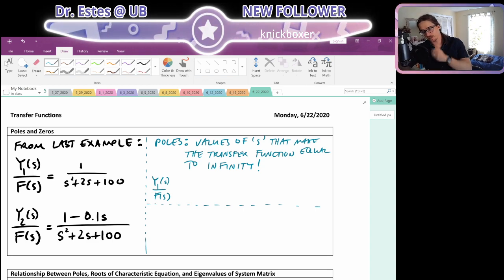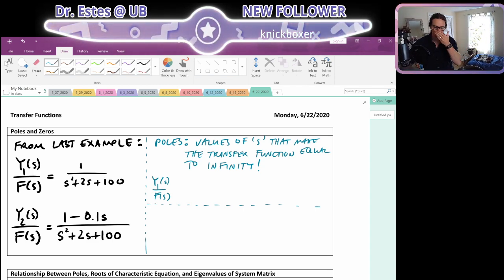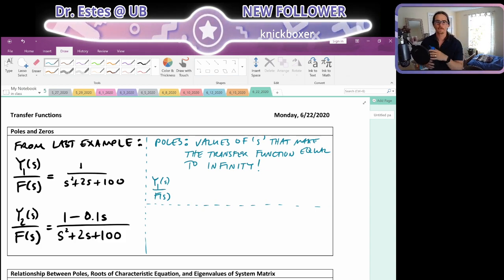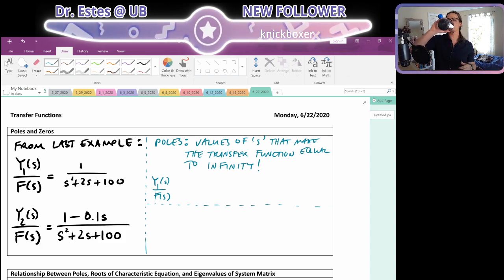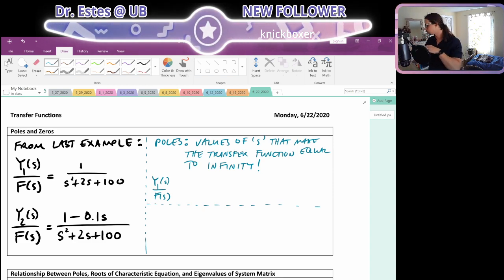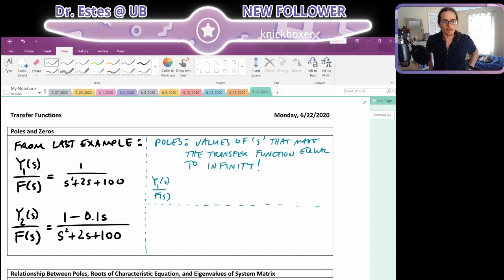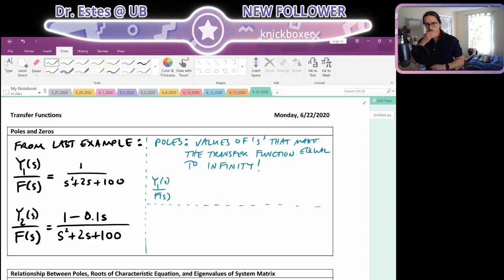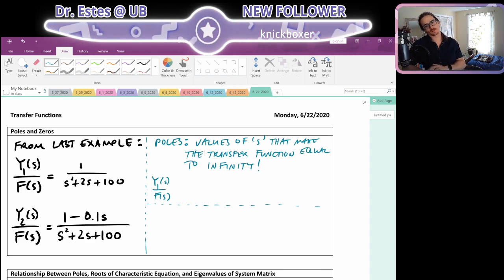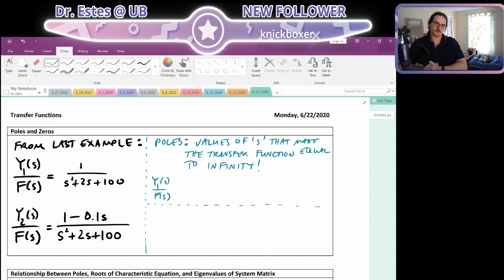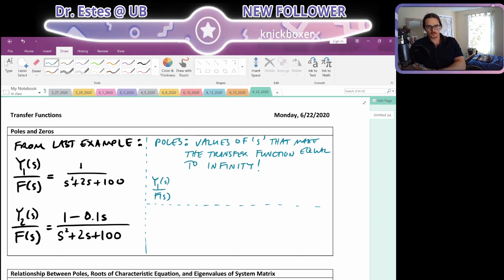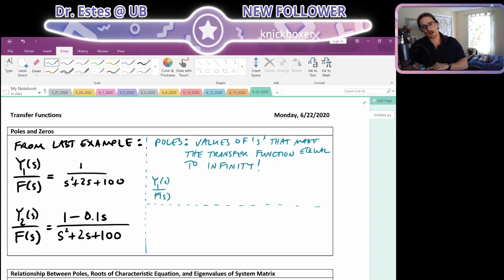Throw it in the chat if you have an idea. How do you usually make something equal to infinity as far as fractions go?